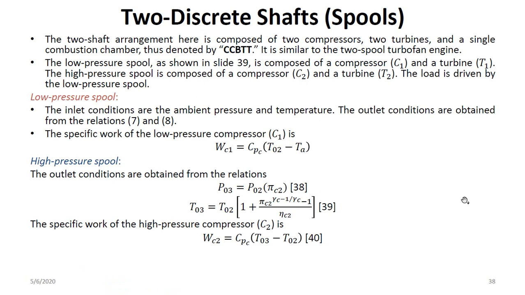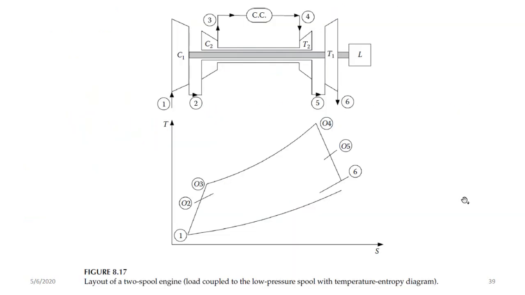So this shouldn't be a problem for you to understand, the specific work for the low pressure spool, similar to the previous equation. Even for the high pressure spool or compressors on the compressor side, the equations are exactly the same, and the specific work is exactly the same as before, and I'm not going to waste time explaining this again.